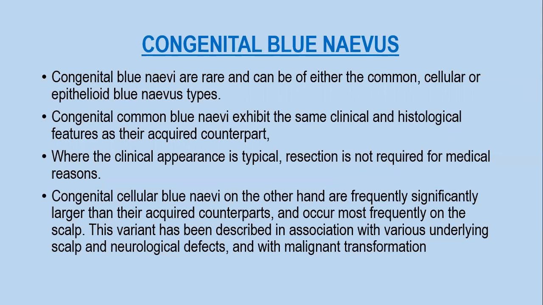Where the clinical appearance is typical, resection is not required for medical reasons. Congenital cellular blue nevus, on the other hand, is frequently significantly larger than their acquired counterpart and most frequently seen on the scalp. This variant is described in association with various underlying scalp and neurological defects and with malignant transformation. So such a large lesion needs to be excised.